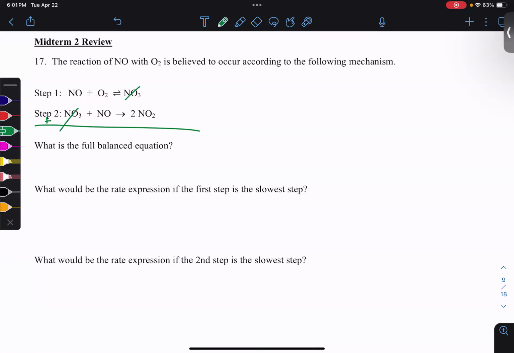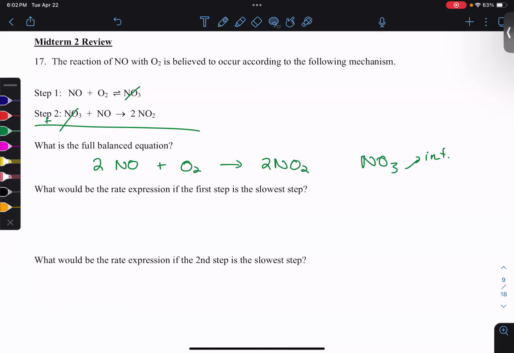So the full balanced equation is simply 2 NO plus O2 gives us 2 NO2. That's our balanced reaction. And notice NO3 is in the mechanism, but it's not in the balanced equation. NO3 is a what? Intermediate, yes, because it's made and then consumed in the next step, all right?